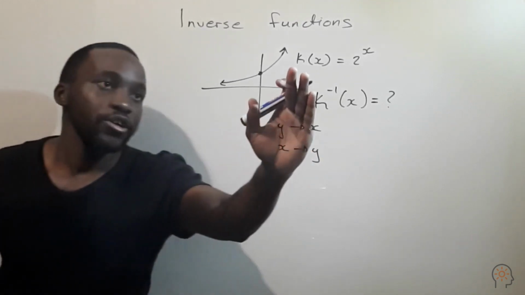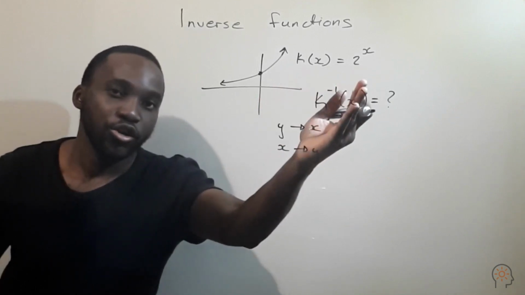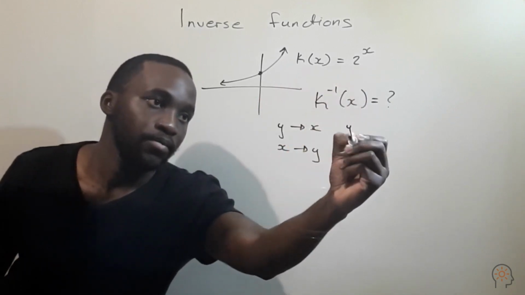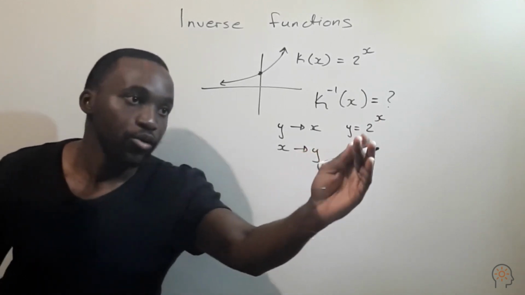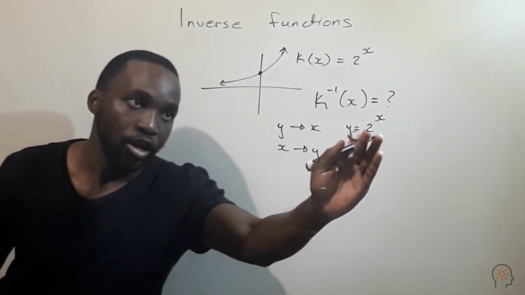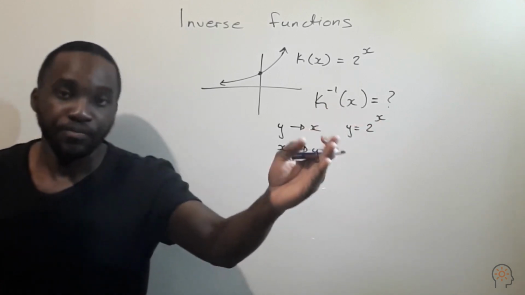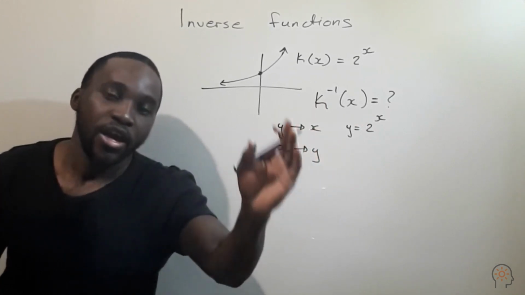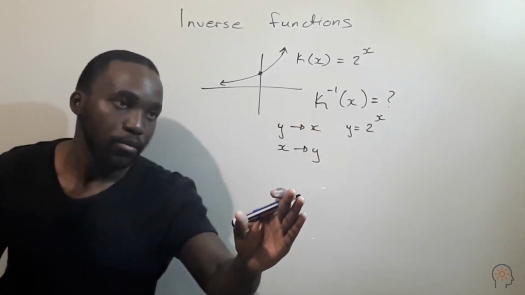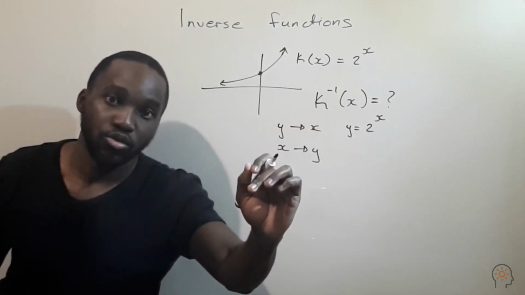So in a scenario where you're given your equation in this format, you can also rewrite it as y is equal to 2 to the power of x, right? So we know that this is the original graph. If you want to go from the original graph to the inverse of your function, all you need to do is swap x and y, and then you make y the subject of the formula. So for us to get the inverse of k of x, this is all we're going to need to do.